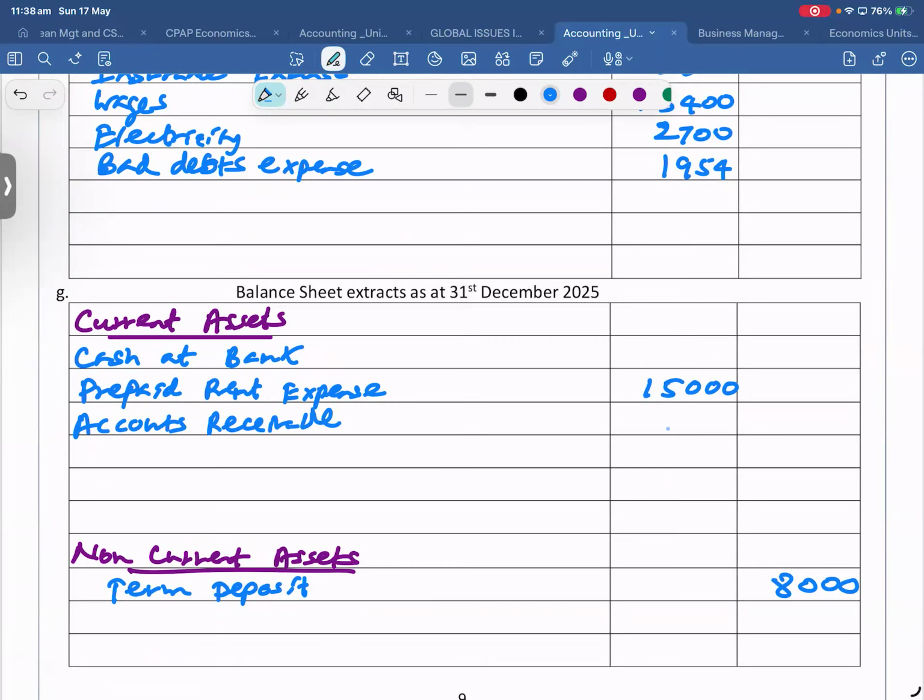Shall we write this 15,000 on the other side? Accounts receivable and less allowance for doubtful debt, $54. Don't put brackets.